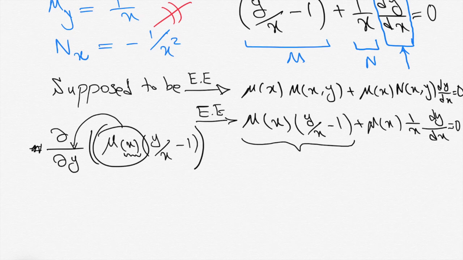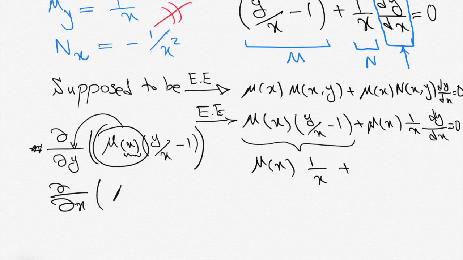This is just a function of x. One of the reasons we use mu as a function of x and not of x and y is for this kind of simplicity. So this is going to be mu of x times the derivative of y over x. What is the derivative of y over x with respect to y? We can forget about the 1, and therefore just 1 over x will remain, right?